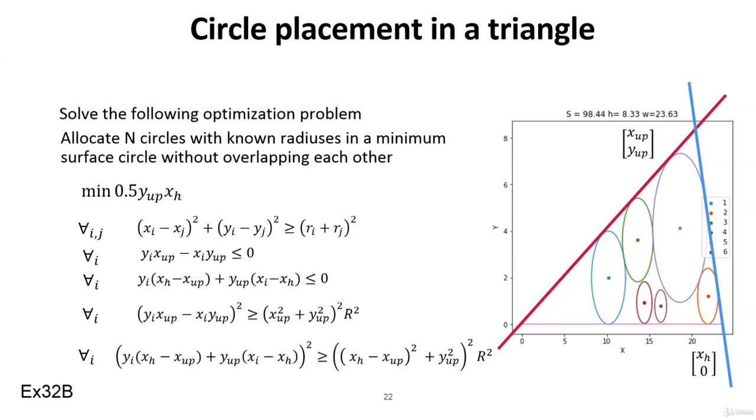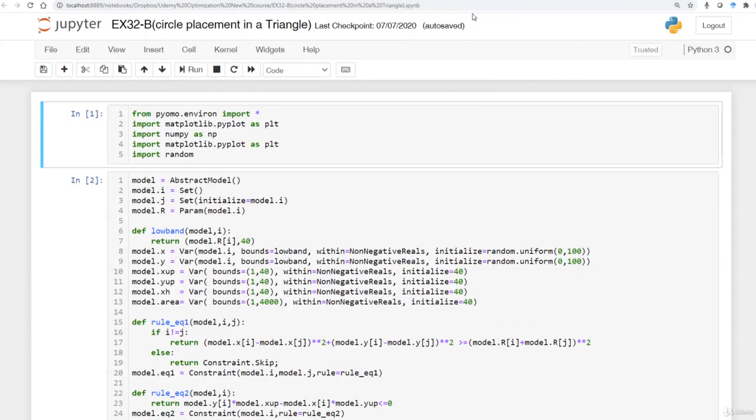So we have to write down the Python code to solve this optimization problem, and the decision variables are the location of the centers, and also the radius of them are already known for us.